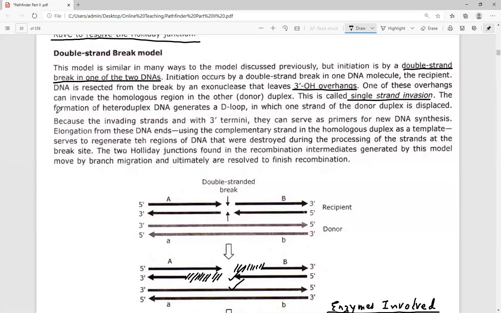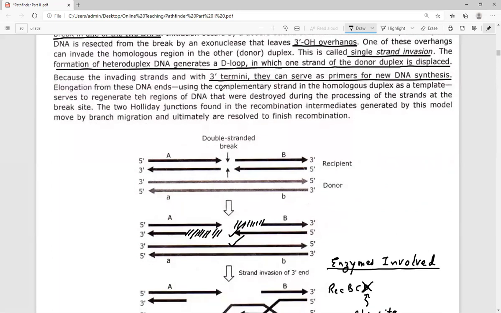The formation of a heteroduplex DNA generates a loop called a D loop, in which one strand of the donor duplex is displaced. The invading strand with its 3' terminus can serve as a primer for new DNA biosynthesis.